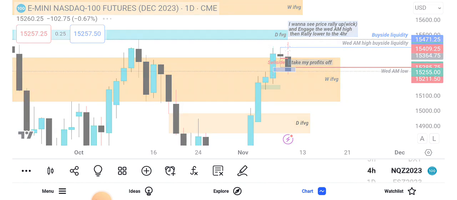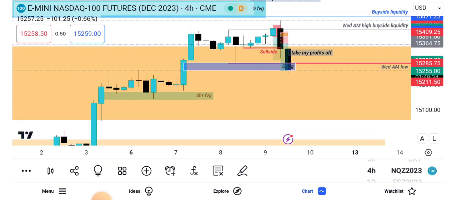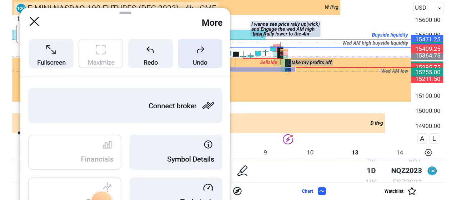There's a video of tape reading, I was live, we were watching the market, so you can have a chance to view it. So I want to return back to the 4 hour fair value gap.